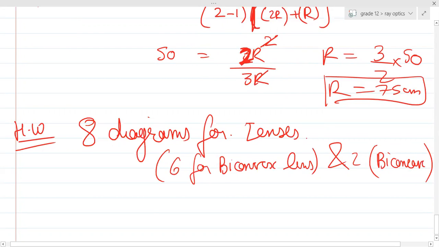Do these yourself. I will not do the diagrams in this case, because otherwise a lot of time will be wasted. So it's better if you do it on your own. Is it clear? Yes, sir.